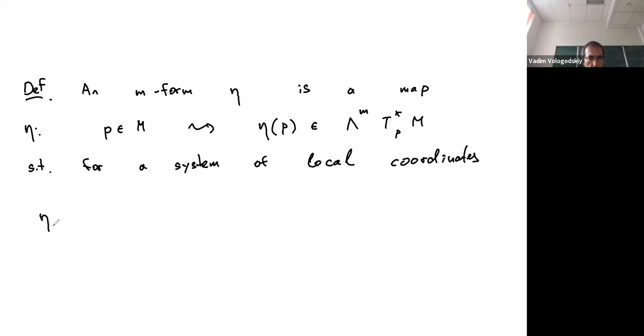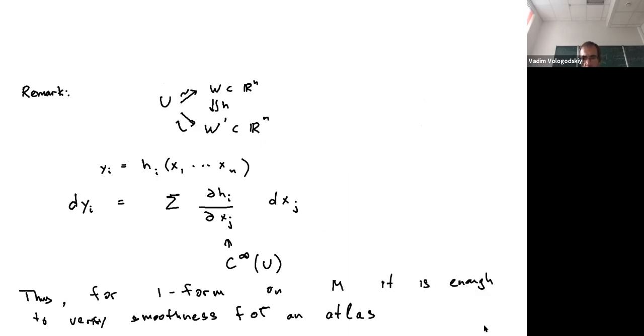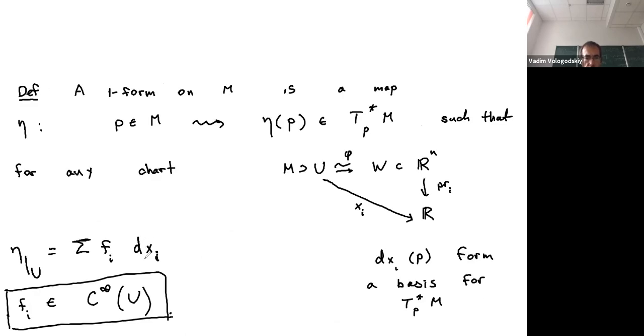Eta restricted to some U is going to be a sum over. Well, let's go back here. Here I used the fact that dxi form a basis in the cotangent space. Now, instead of the cotangent space, I want to consider its exterior power, right? Having a vector space with a basis, we have a basis in its exterior power.